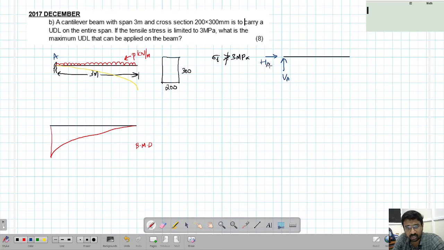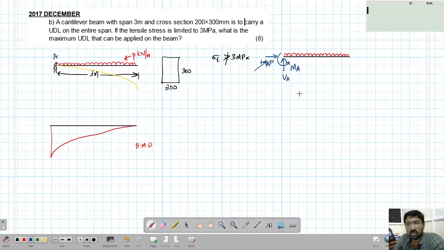I'll call this horizontal at A. And a moment is possible. Moment I'll call M at A. Then we have the UDL. The first task is to find the reactions. The horizontal reaction will be 0 because there is no horizontal force on the beam. So I can directly remove that, or I can put that as 0.